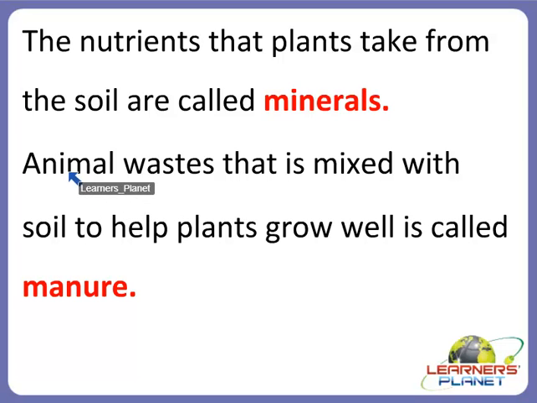Also children, animal waste that is mixed with soil to help the plants grow well is called manure. So children, minerals and manure help the plant to grow well in the soil. Okay children? So always remember the importance of soil.